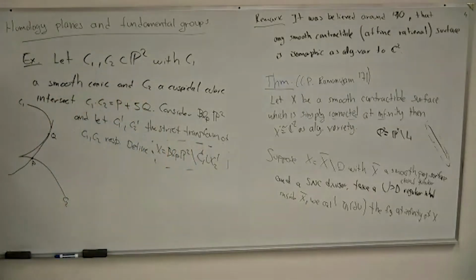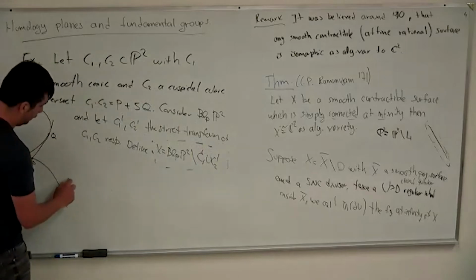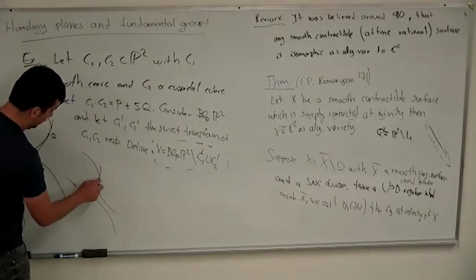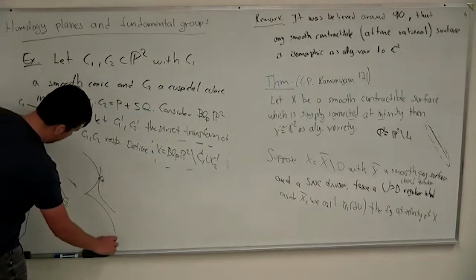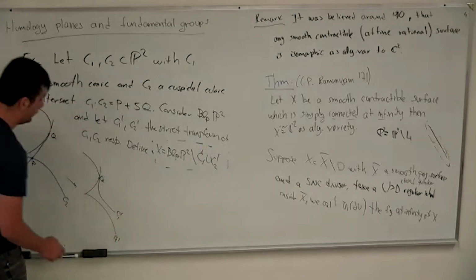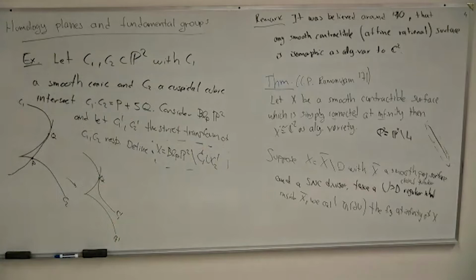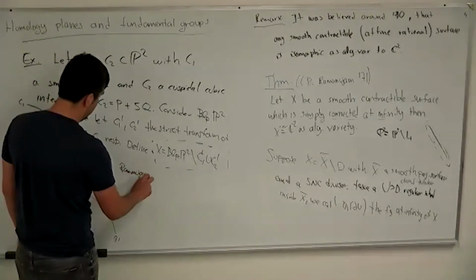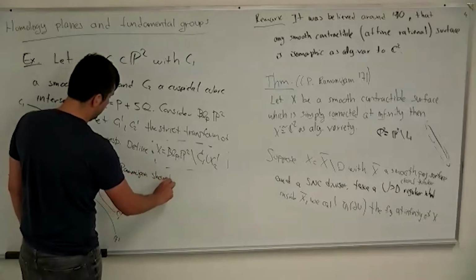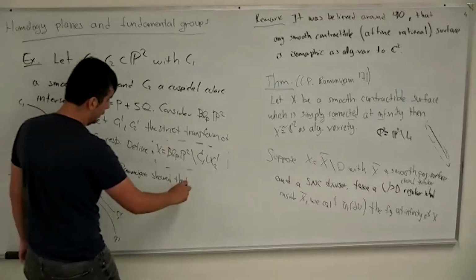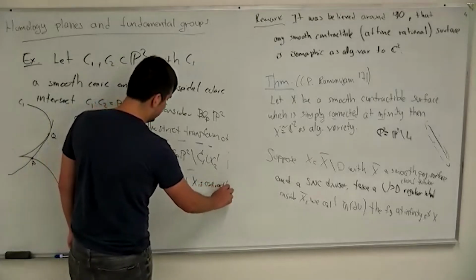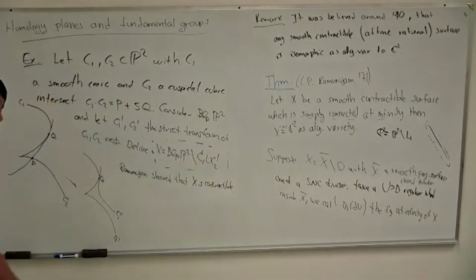So essentially what we have done is we blow up this point P, and now this is going to intersect only here, Q, this is C2 prime, and this is C1 prime. We remove this from the blow up of P2, and Ramanujan showed that X is contractible and, well, smooth.